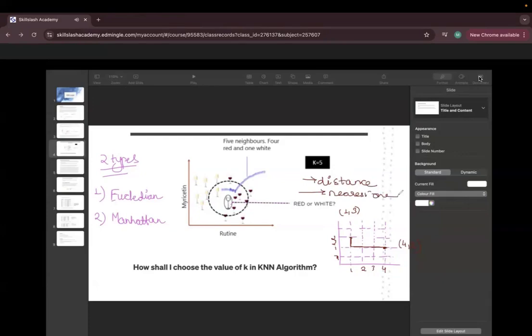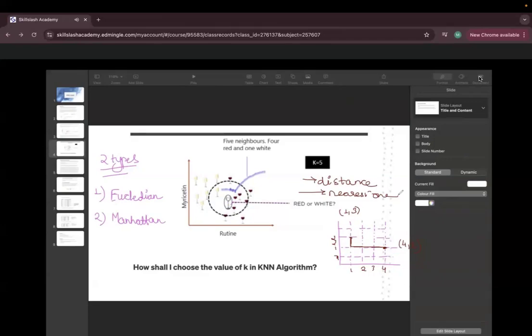Now you have to judge which data points are near to the new value. You can see this is the unknown glass coming into the picture. I want to judge which of the rest of the glasses are near to this glass. How can I do that? On the basis of distance.